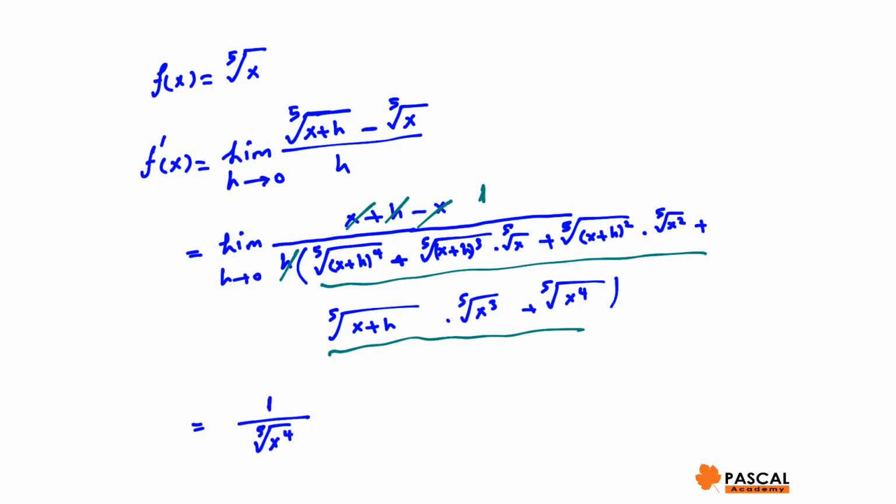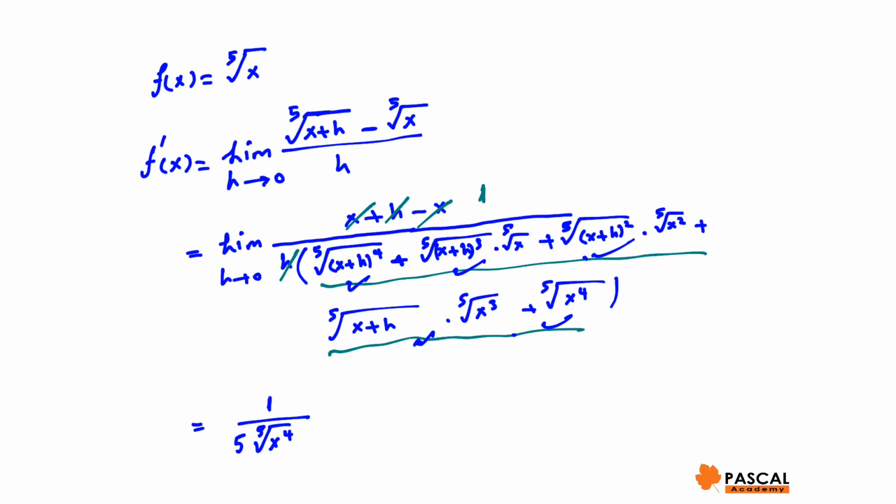And we have 5 of these terms: 1, 2, 3, 4, and 5. So the limit is 1 over 5 times the fifth root of x to the power of 4.